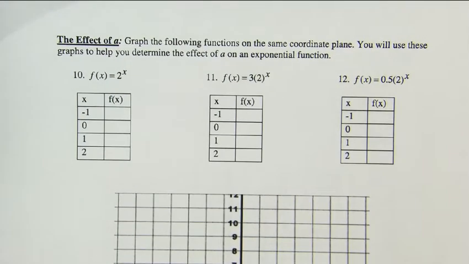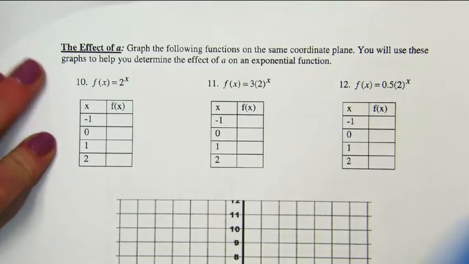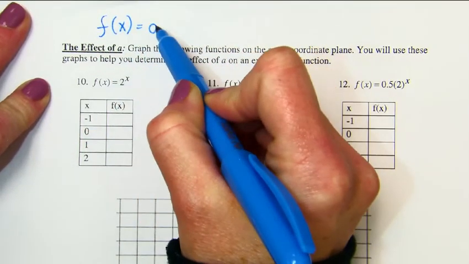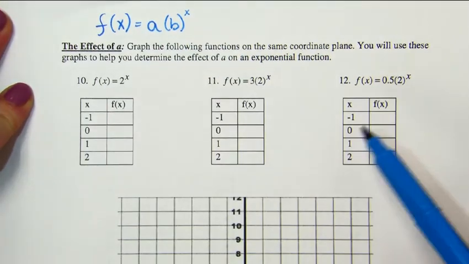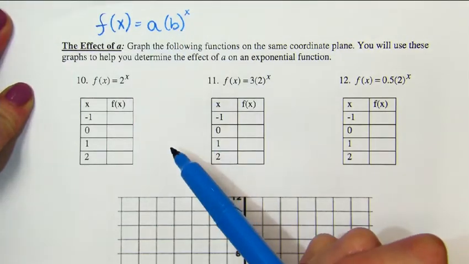Okay, so part 2, we're going to be looking at the effect of a. Remember that our basic format for exponential functions is f of x equals a times b to the x power.